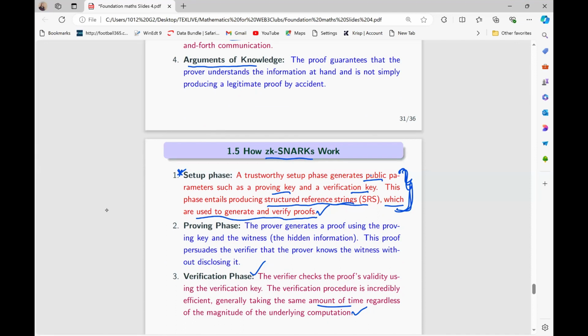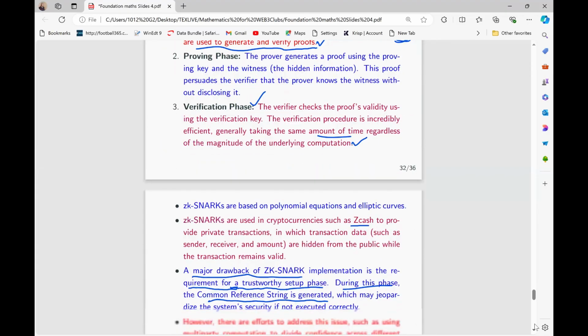And they are saying that if this process is not done correctly, then the attackers or the people on the blockchain may be able to capitalize on it and jeopardize the whole process. But if it's done correctly, then it does not become a disadvantage.